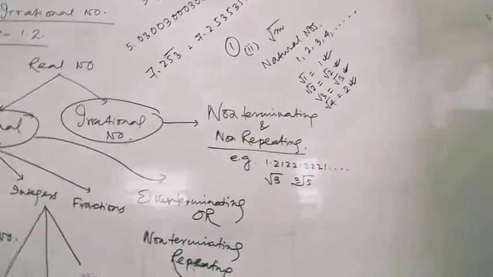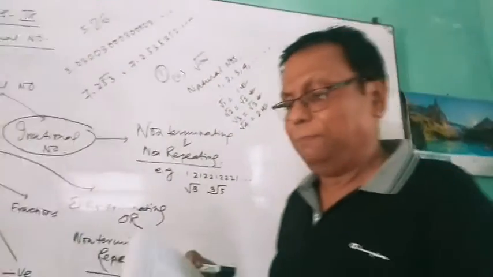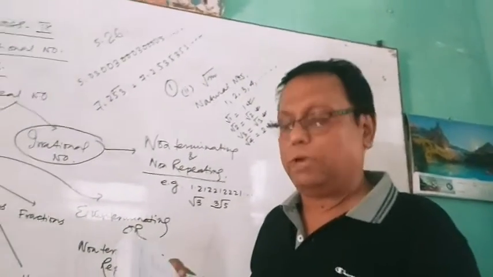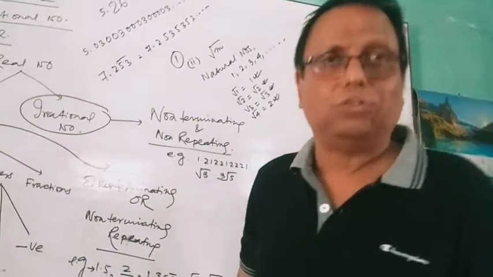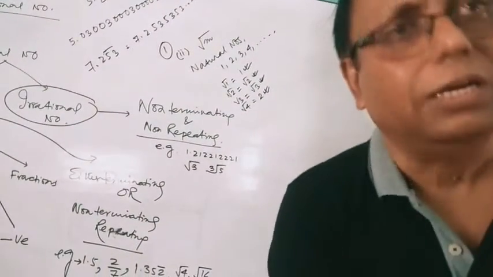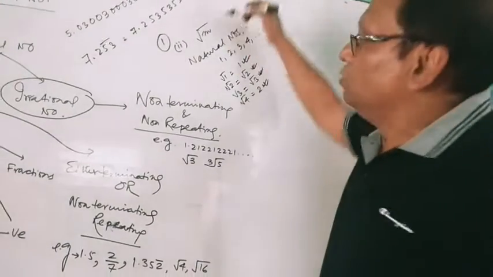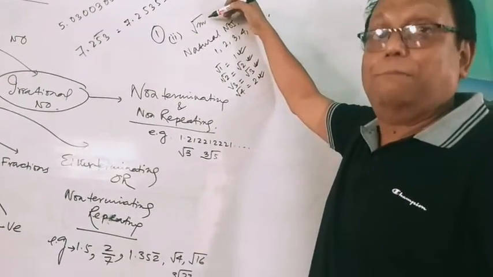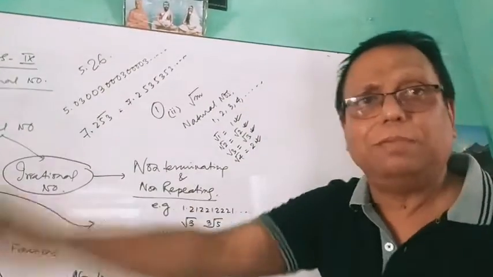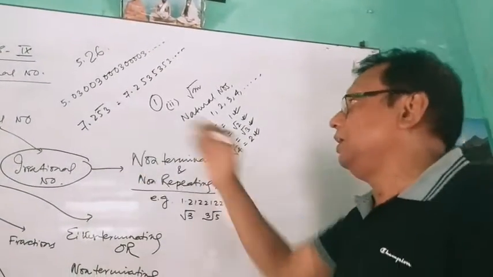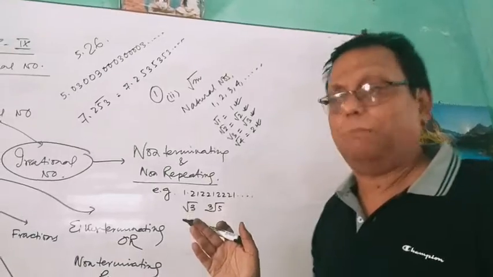The question says that every point on the number line is of the form root m, where m is a natural number. True or false? Yes, it is a true statement. Because whatever the value of m, if m is a natural number, root m will either be a rational number or an irrational number.